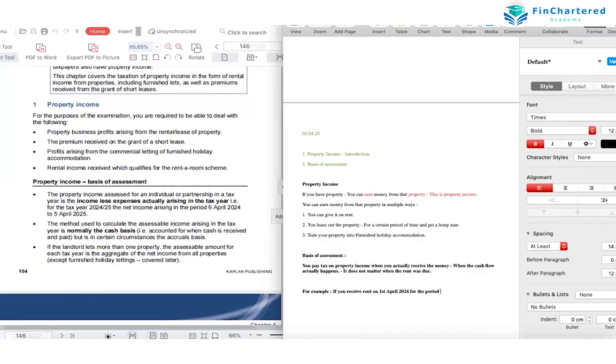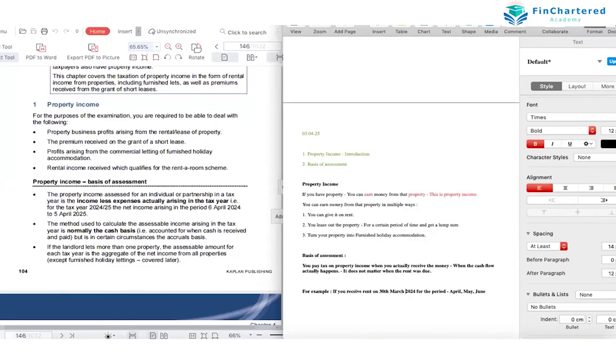For the period April, May, June of the next year. Now you know that we are talking about the next tax year, correct? Or say you paid it on 30th of March, even better. 30th of March, for April, May, June.